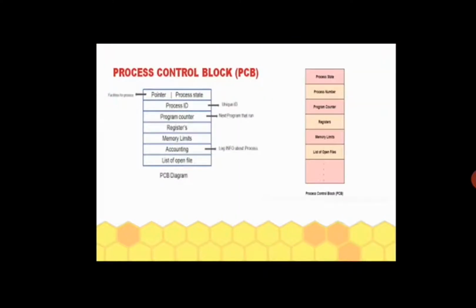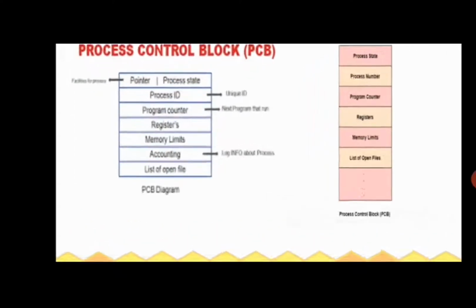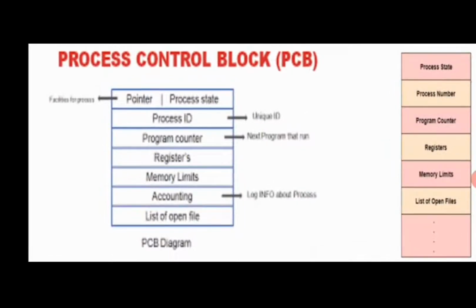Okay, so you can visualize this particular image. This is the image you have to concentrate on. Actually, it's a block diagram, the PCB block diagram. Here there will be some pointers, and there will be the process state. In the previous video I already explained about the states, whatever the available states are. Next there will be the process ID.